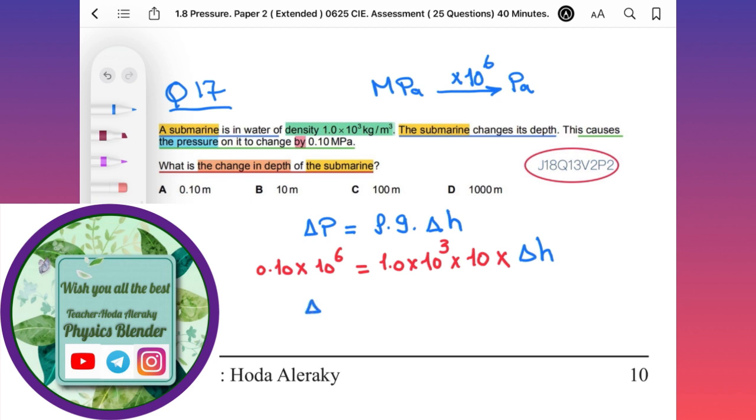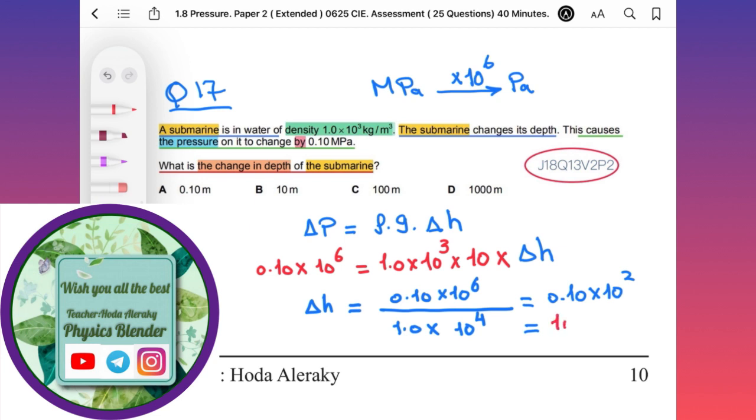Rearrange, so delta h will be equal to 0.10 times 10 to the power of 6 divided by 1 times 10 to the power of 4. Without using a calculator, you can simplify. It will be 0.10 times 10 to the power of 2. Your final answer will be 10 meters.